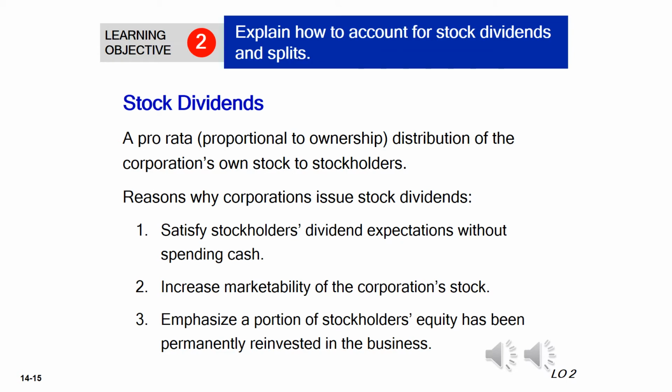There is another very important reason for a corporation to issue stock dividends instead of giving out cash dividends, which is not mentioned here. That relates to taxation. In many countries, dividends are treated as income to the investors, so they are taxed at a higher rate than capital gains.